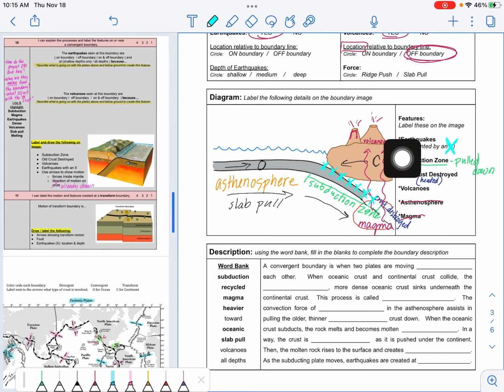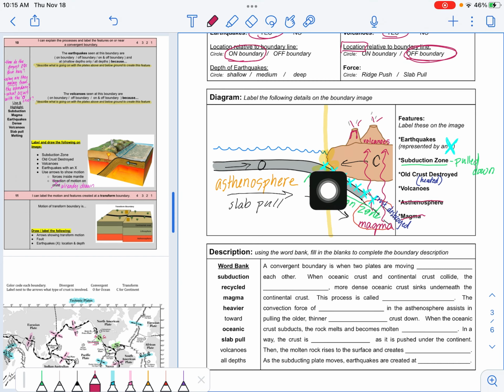And the fact that they're happening all along the plate gives me the information I need for both location and depth. Again, location, we're looking at the boundary right here. So when we think about the boundary line, I definitely do have some earthquakes happening right on the boundary. I can see them right where the two plates meet.